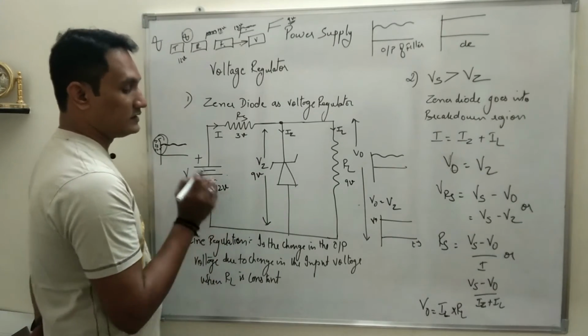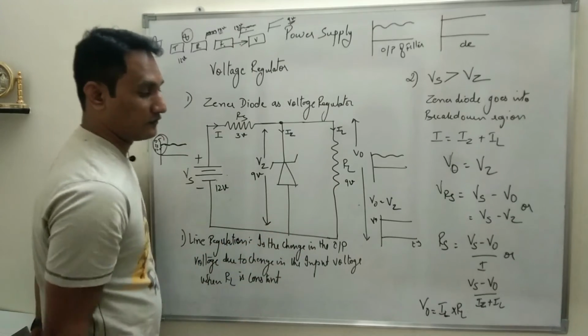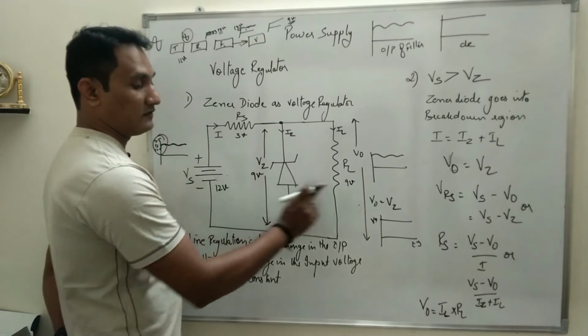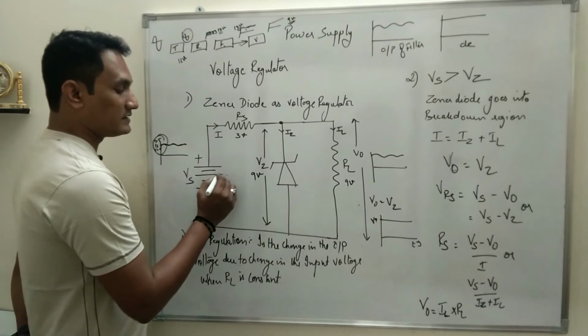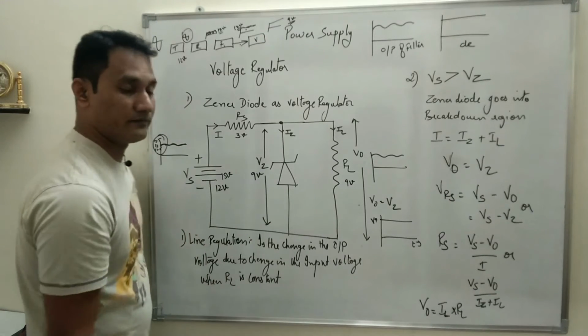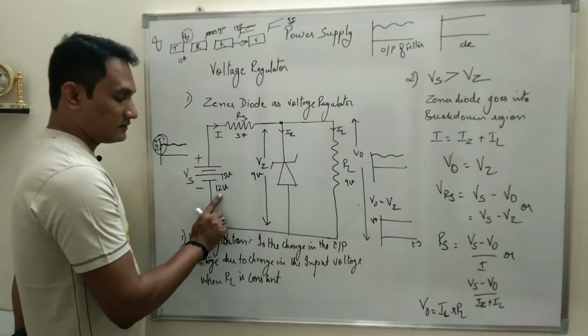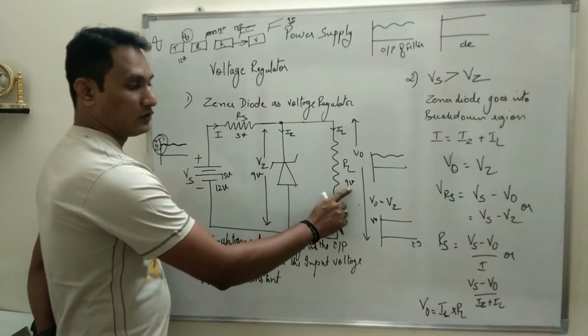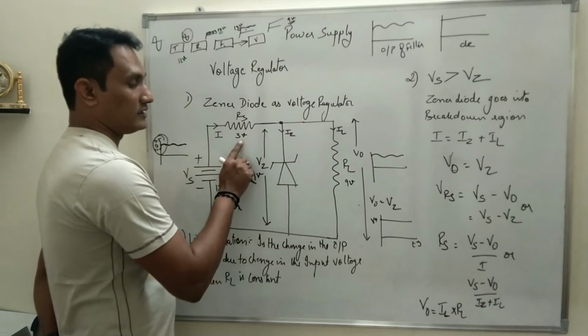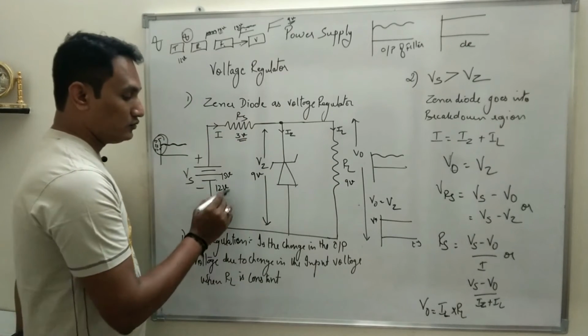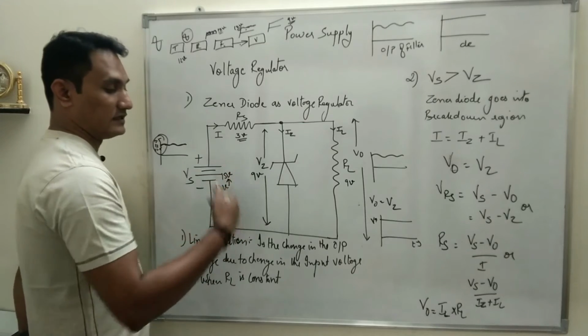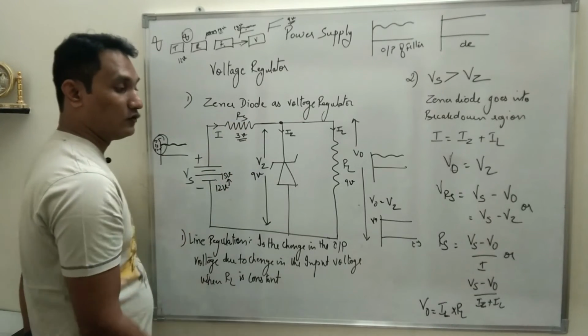Suppose initially it is 12 volt, and here of course as the Zener we have selected 9 volt, the voltage drop will be 9 volt. Suppose suddenly the voltage has increased to 15 volt. First we applied 12 volt, the output voltage is 9 volt, the voltage drop across RS will be 3 volt. Now suddenly the input has increased from 12 volt to 15 volt.